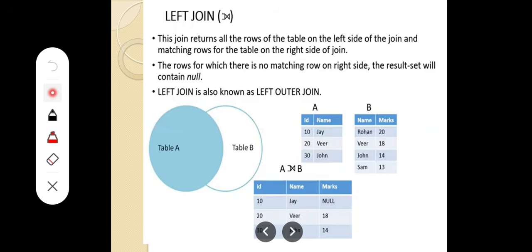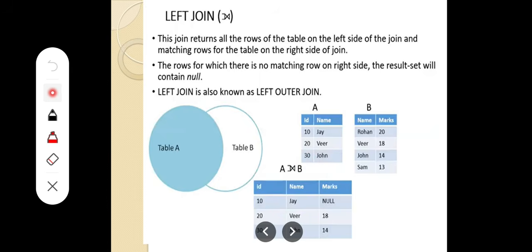Consider these tables, A and B. The tables are combined using the attribute called name, since name is the common attribute. So we will be combining these two tables. Here, first we will take all the values from the left table: 10 J, 20 Veer, 30 John, all these values will be written here.